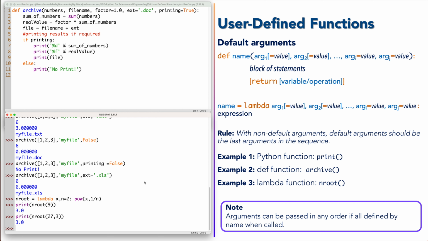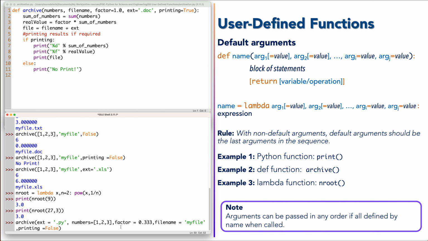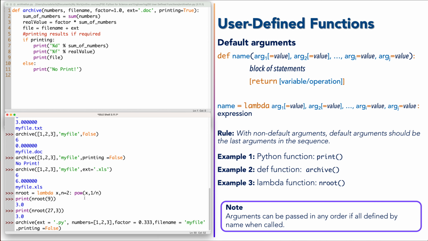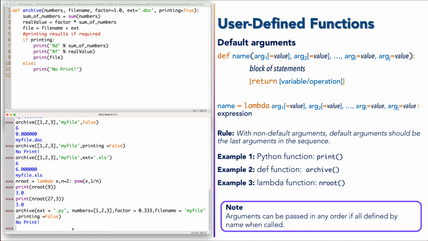For example, let us use this function. I entered all arguments defined by name. They are not exactly in the same order of the archive as you see at the top. Let's see what happens. And it worked.